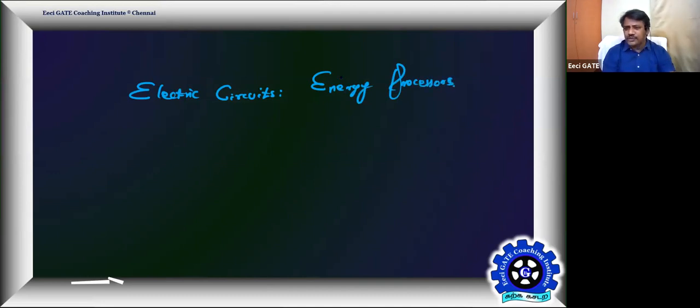So the signal source must be capable of delivering energy. We have electrical energy, that is the input to the electrical circuit, and that is going to be converted into any other form of energy. It can be mechanical, thermal, audio, or video. Any other form of energy it can perform. It can process that electrical energy and give the result as any other form of energy. That is the purpose of an electric circuit.